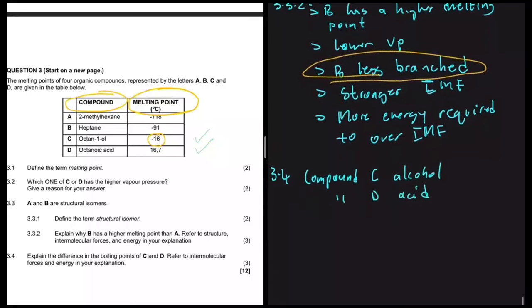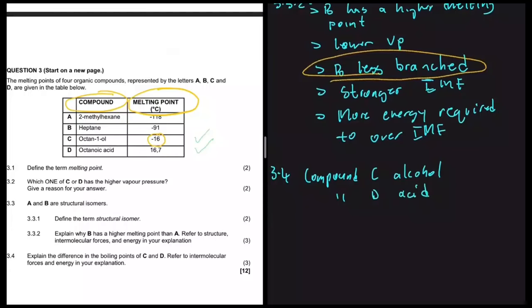So because compound C and compound D are an alcohol and an acid, we know fully well that they both possess hydrogen bonding, right?